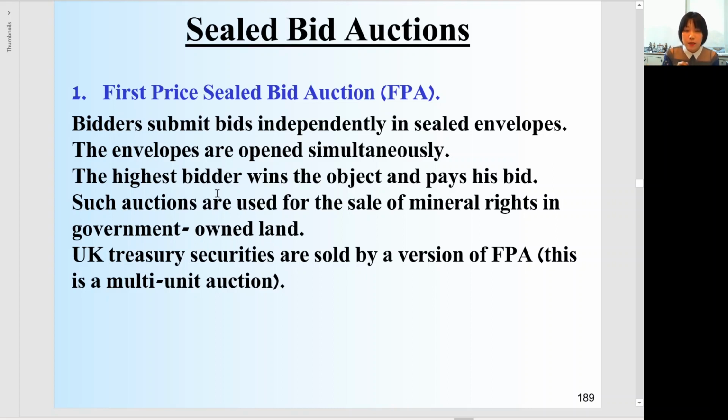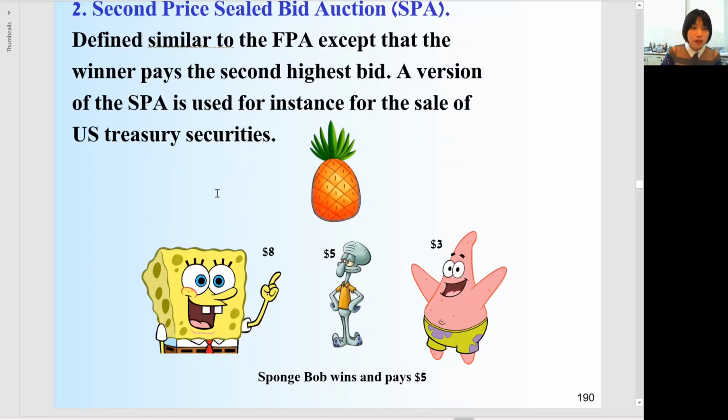The highest bidder will be selected to win this item and he will pay the number he wrote. And the second price sealed bid auction is very similar to the first price, except that the winner pays the second highest bid. Note that the winner is still the one who indicates the highest value, but the price he pays is only the second highest.